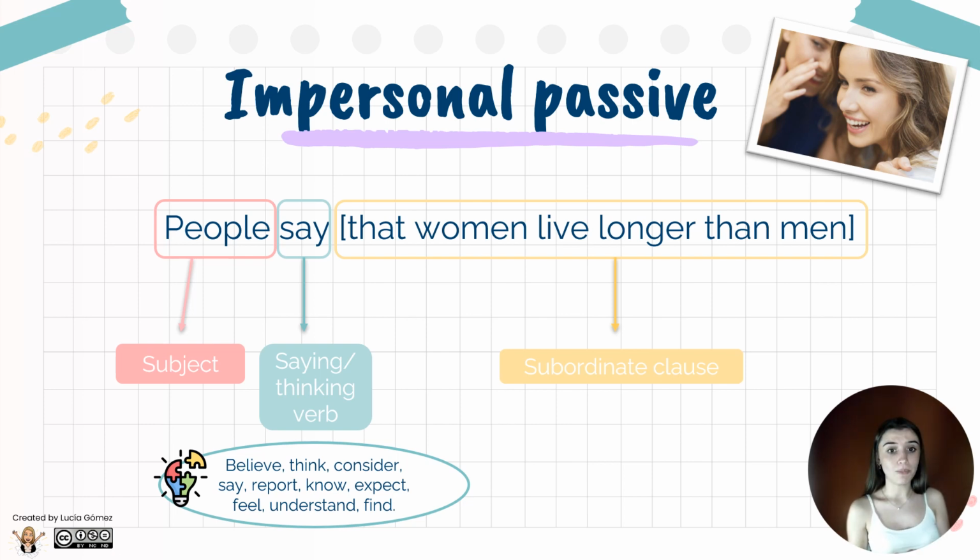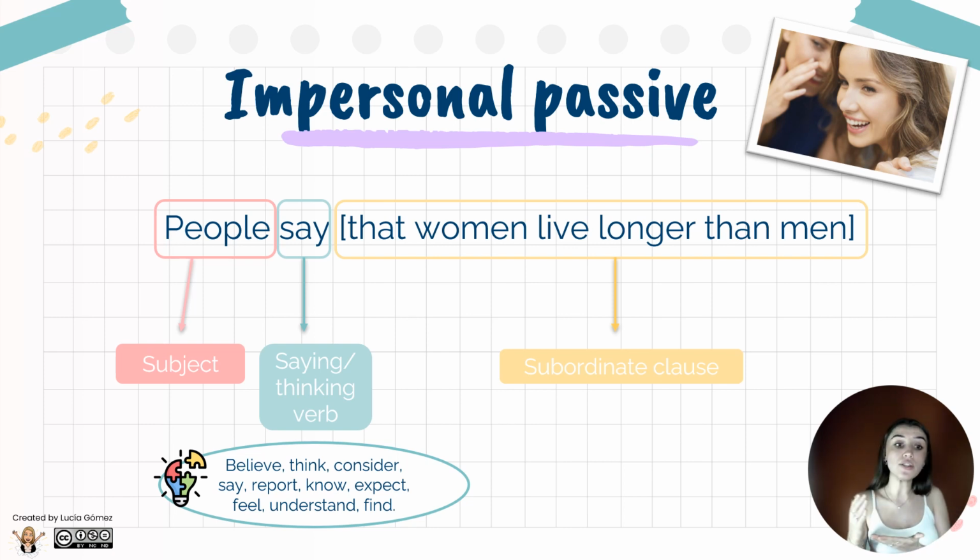Después, seguido de un verbo de decir cosas, de pensamiento, ¿vale? Esté en el tiempo en el que esté y después ese that y todo lo demás, no tiene por qué aparecer that, ¿vale? Suelen ponerlo para que sea un poco más visual y veamos que se mete la subordinada, no tiene por qué, ¿vale? Pero bueno, tendríamos esta estructura. Si tenemos este tipo de oración, watch out, because we are in front of an impersonal passive.